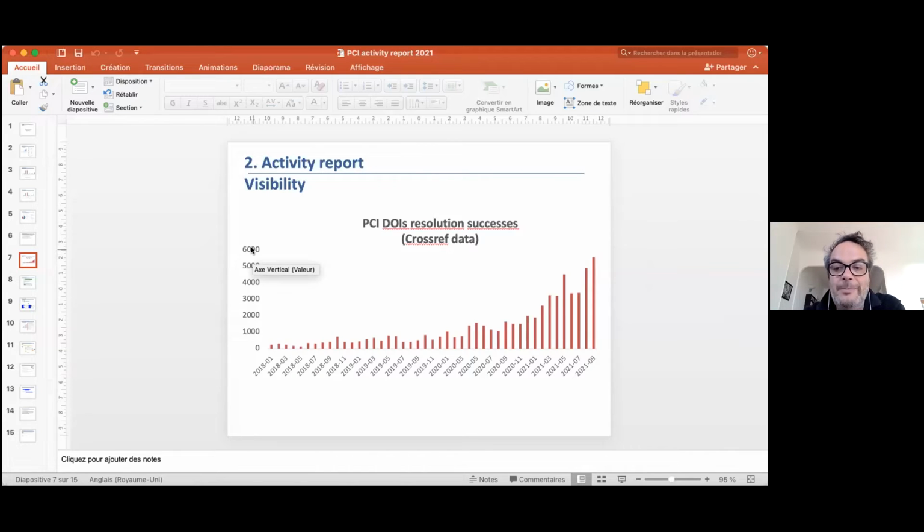So it means that using the DOI, because you can have access to the recommendations another way, you don't have to use the DOI to see a recommendation, but just the use of the DOI corresponded to 6,000 accesses to the recommendations, which is a lot because we have something like 260 recommendations in total.